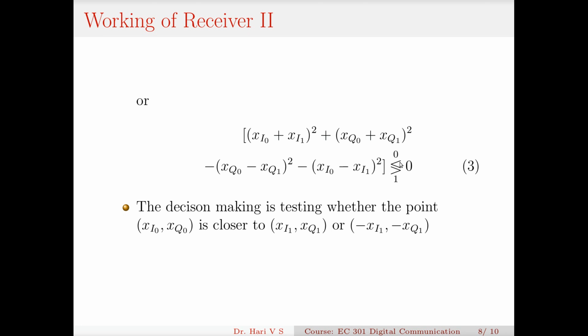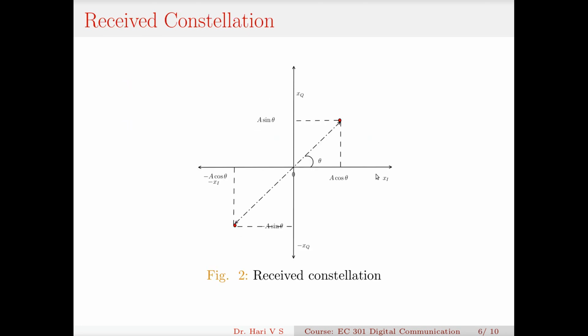If this is less than 0, the bit received is a 0. If it is greater than 0, the bit received is a 1. So ultimately the decision making is testing whether the point xi0, xq0 is closer to xi1, xq1 or negative of that, minus xi1, xq1. So one point is here, this is one point and this is a negative point.